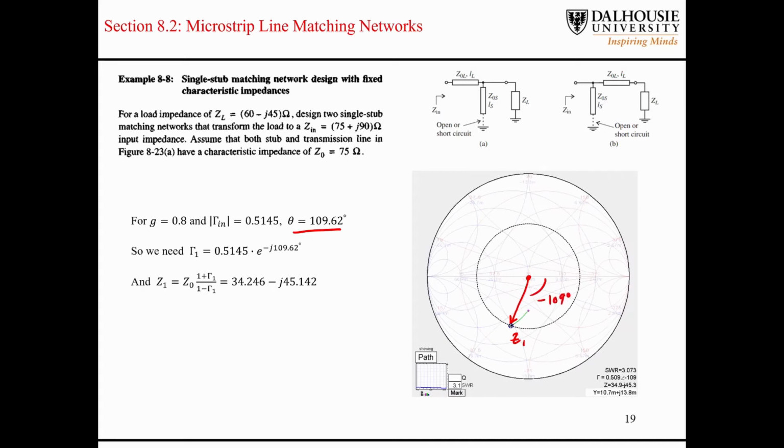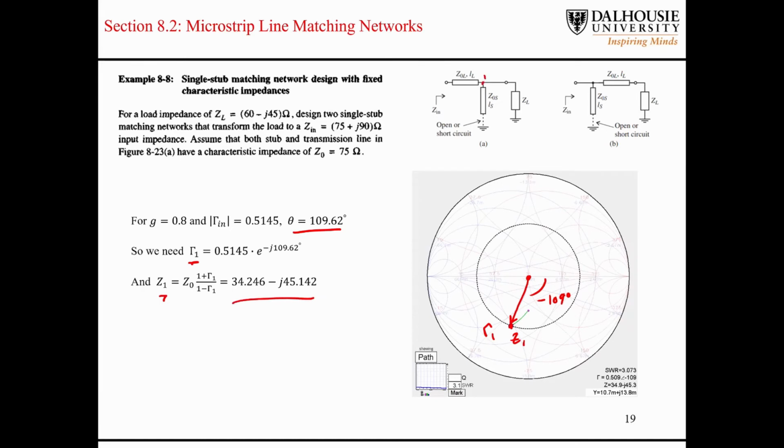We now have our expression for the reflection coefficient at this impedance point, which sits on the VSWR circle equal to 3.1. From this reflection coefficient, we're able to calculate our intermediate impedance Z1, which is equal to this value here.